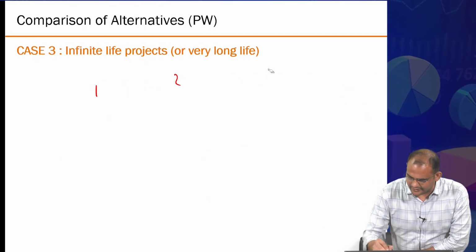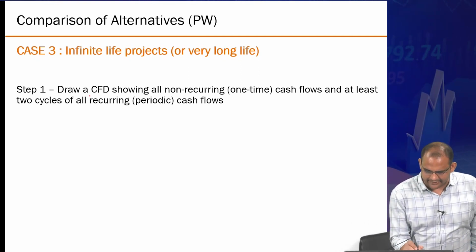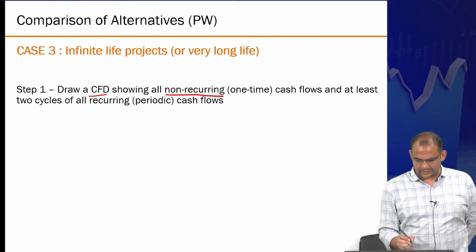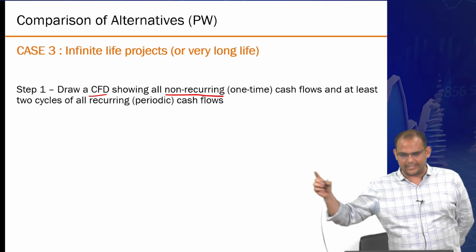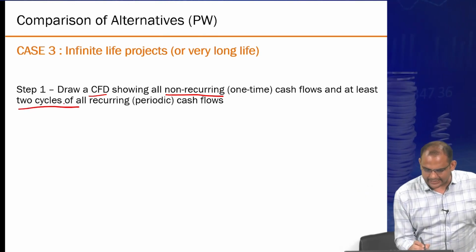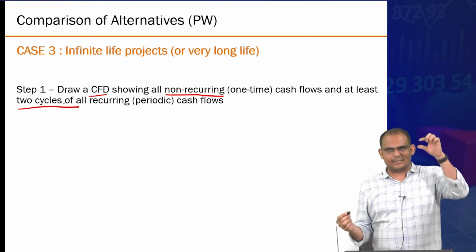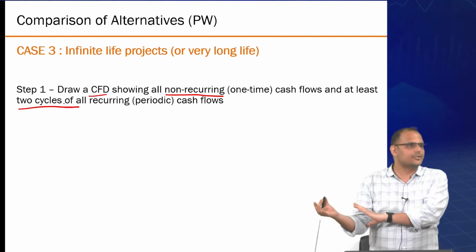And let me just give you an example for the sake of completion. They say draw a CFD, which is a cash flow diagram, showing all non-recurring cash flows which occur just once with no periodicity, and at least 2 cycles of all the recurring cash flows. So let's say there is some cash flow pattern, at least 2 cycles of that you should put.